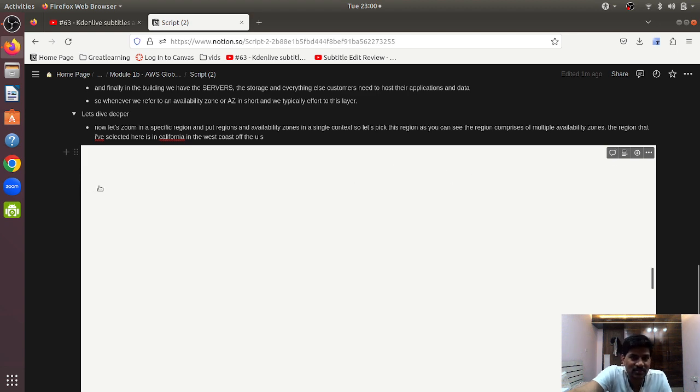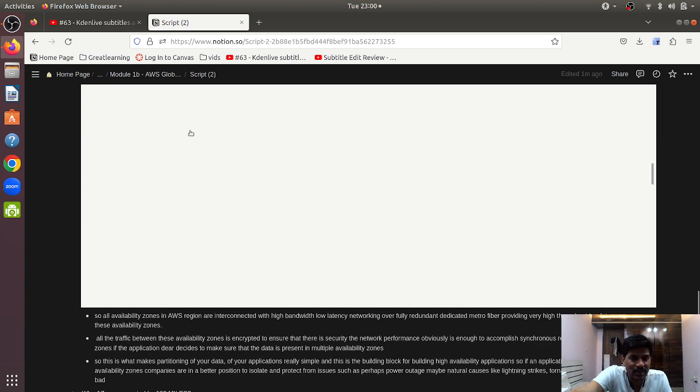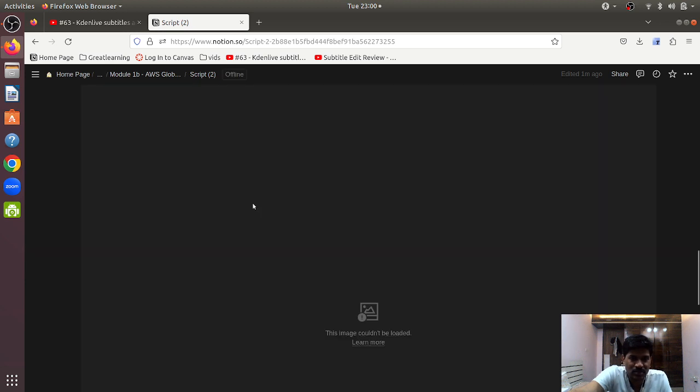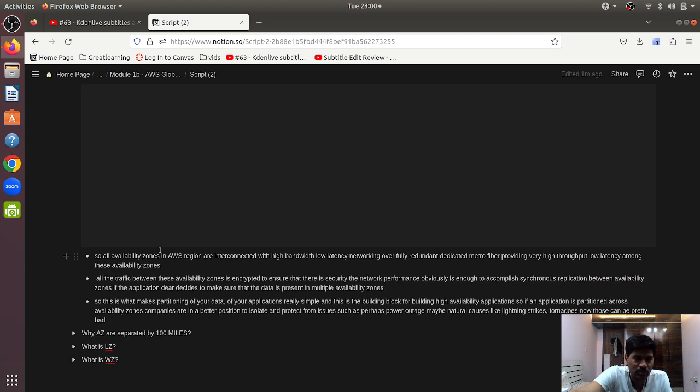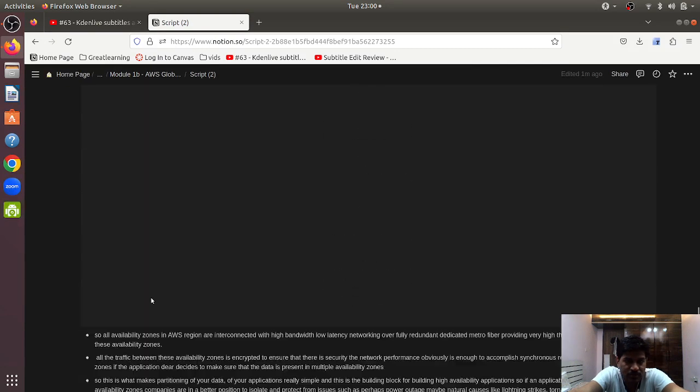The region that we have selected is California. There is one region, and inside it there are multiple availability zones.